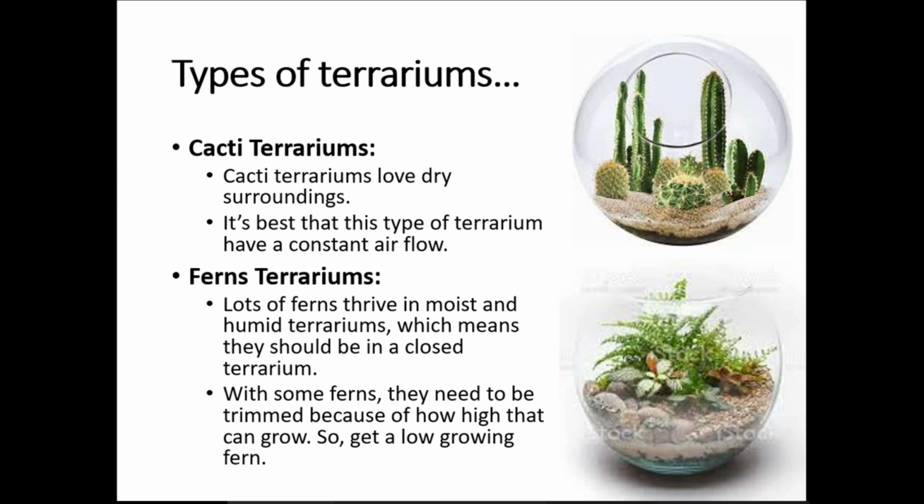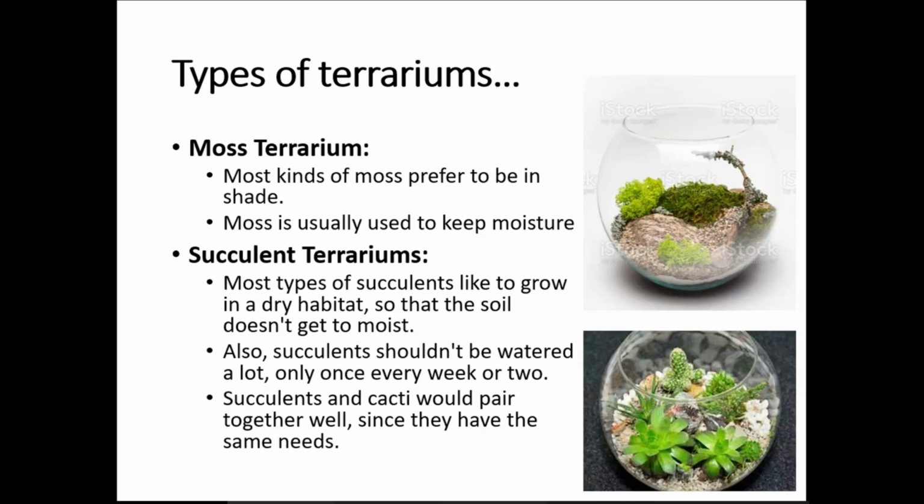If it is too sunny, we have to shift it. We also have to take care of water, as they are shade loving and moisture loving plants. But with a cacti terrarium, there is no need to take so much care. Once you plant and arrange things, no need to touch it, and it will survive for a long time. Only here and there you have to give water, and if there is excess growth, you can trim it. That's why many people prefer a cacti terrarium.